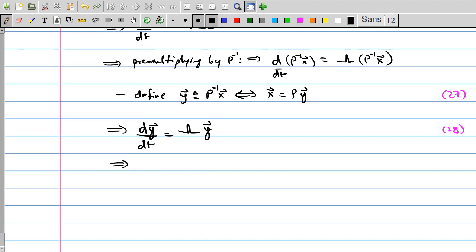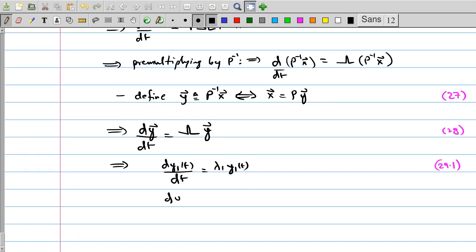That implies dy1 of t by dt equals lambda 1 y1 of t, which will be 29.1, and dy2 by dt equals lambda 2 y2 of t, which will be 29.2. The whole thing is called 29.